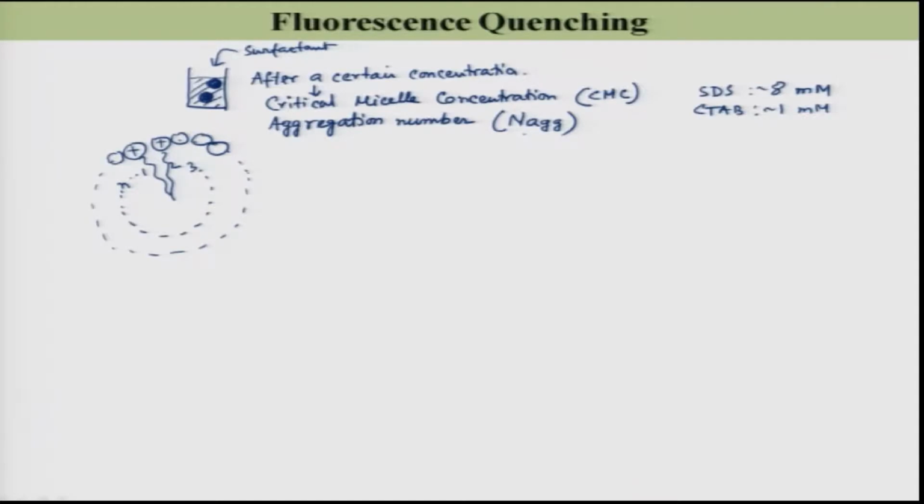There are several methods for the determination of the CMC. For example, the surface tension of the air-water interface will keep on decreasing as you add the surfactant, but after the CMC it will remain the same.